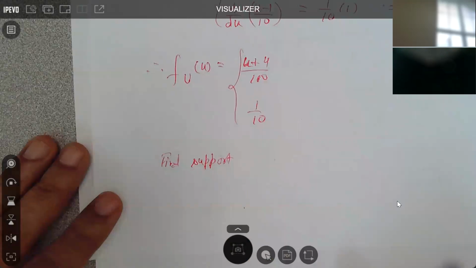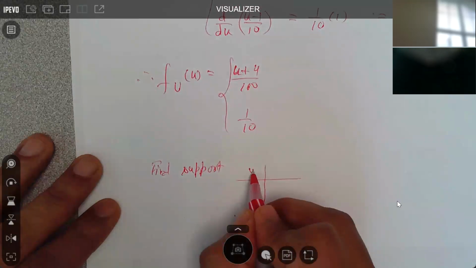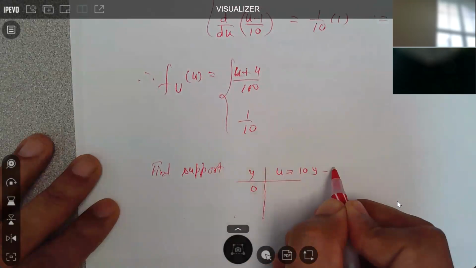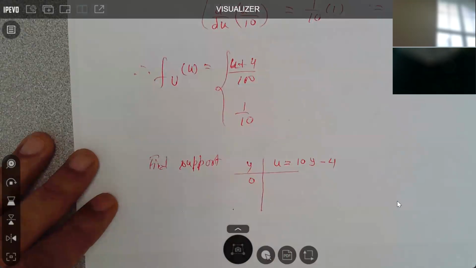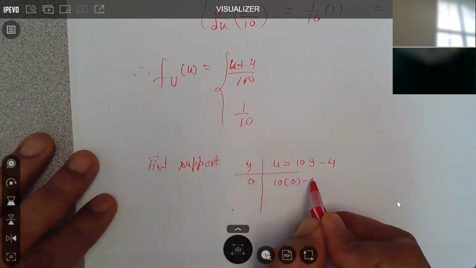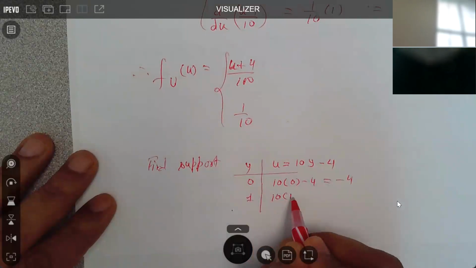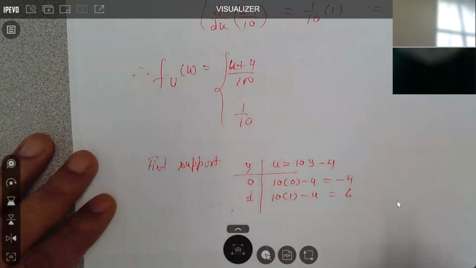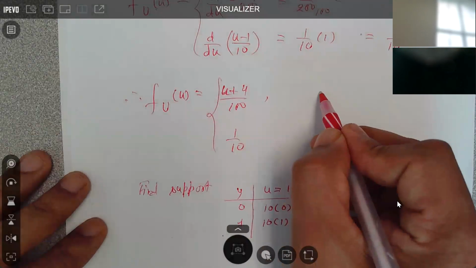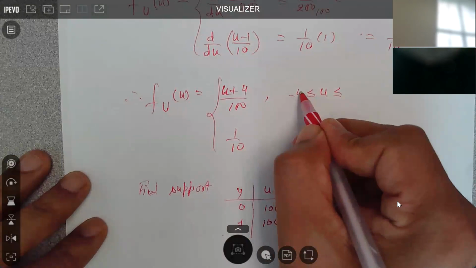Whenever y equals 0, then u equals 10y minus 4, so y equals 0 gives minus 4, so equals -4. When y equals 1, 10 times 1 minus 4, so this is equal to 6. So you will write here, u lies between -4 to 6.